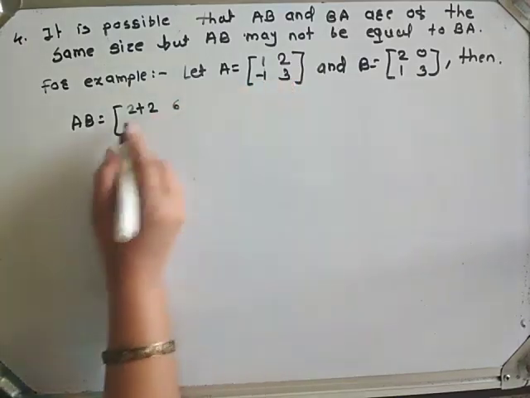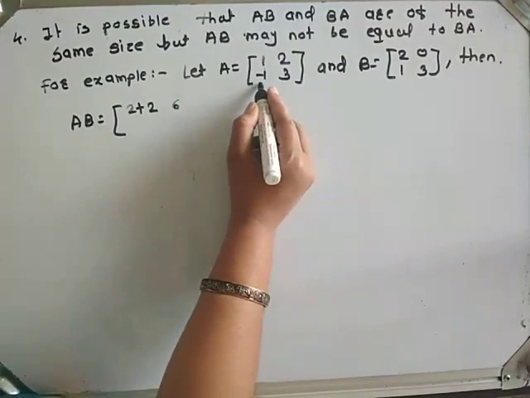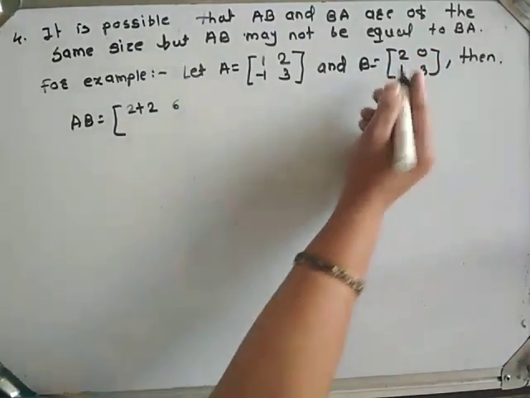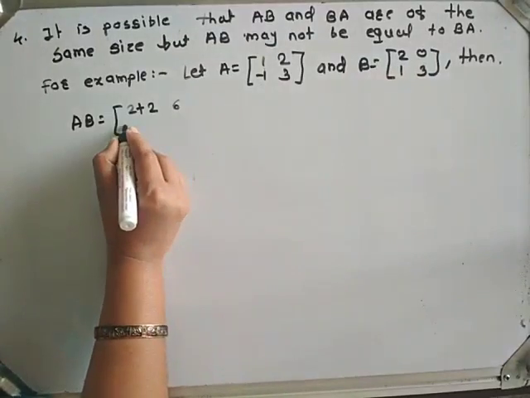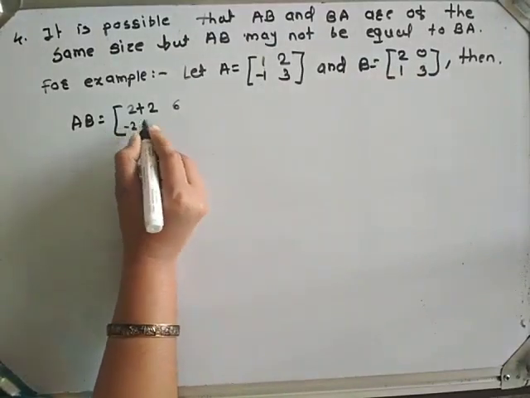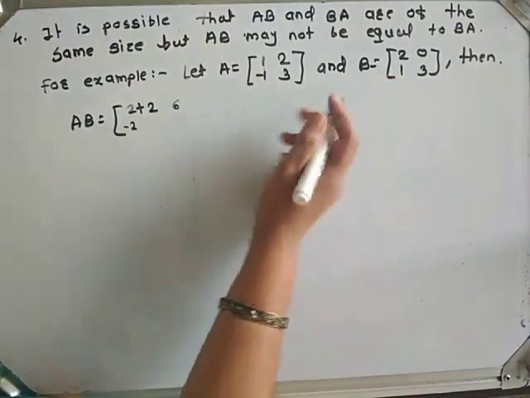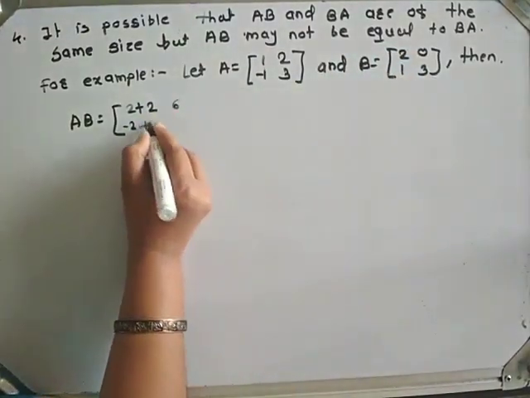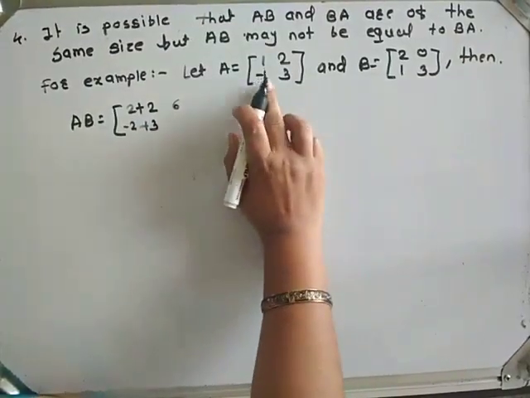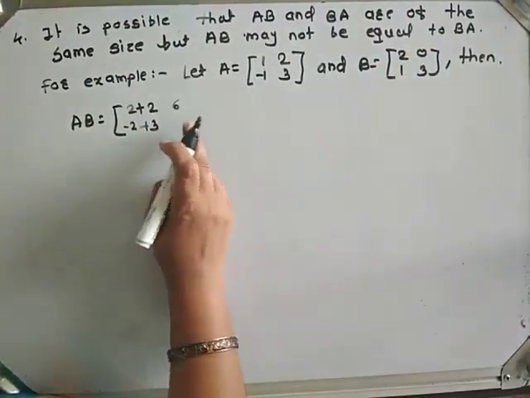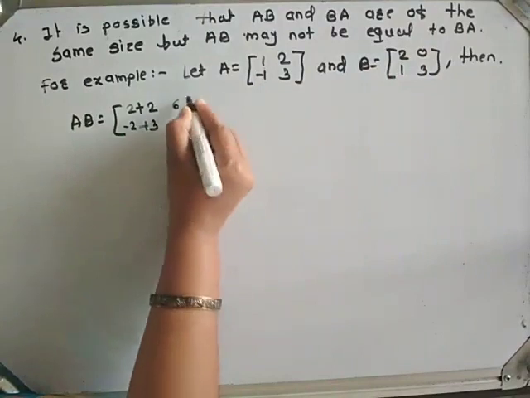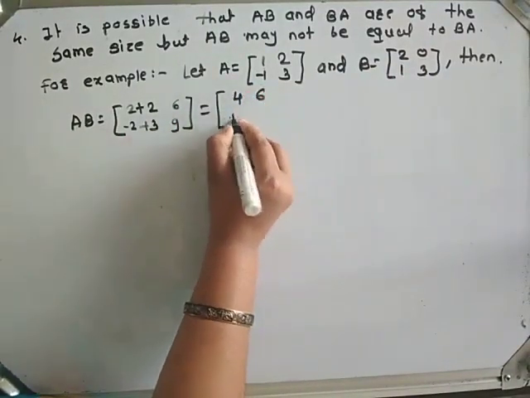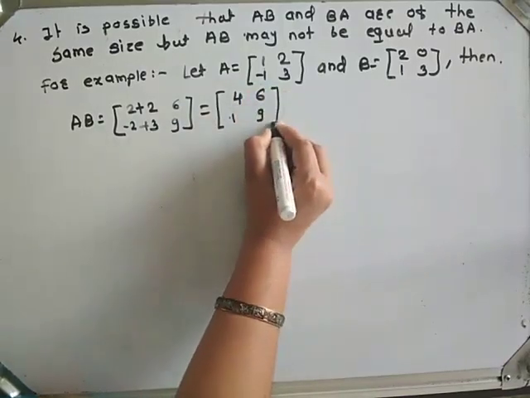For the next entry we multiply the second row of A and the first column of B and add them: minus 1 into 2, minus 2, plus 3. Next, minus 1 into 0 plus 9, which gives AB equal to [4, 6; 1, 9].